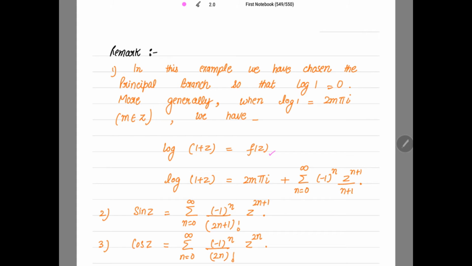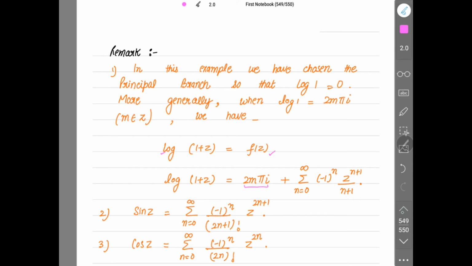We just need to add this extra term 2m pi iota. In this example we have used capital L, the principal branch, and log of 1 is 0. But if you are having small l, you just need to add an extra term 2m pi iota, plus summation n going from 0 to infinity minus 1 the power n z the power n plus 1 over n plus 1 as your result, right?